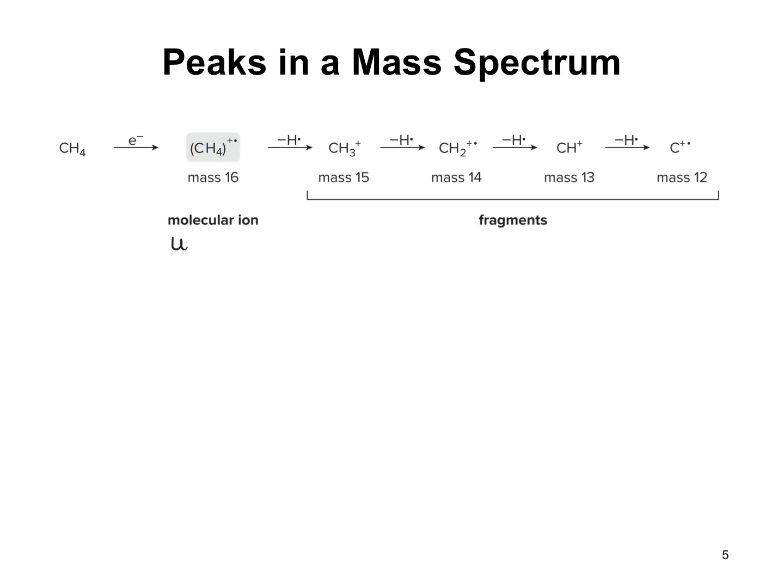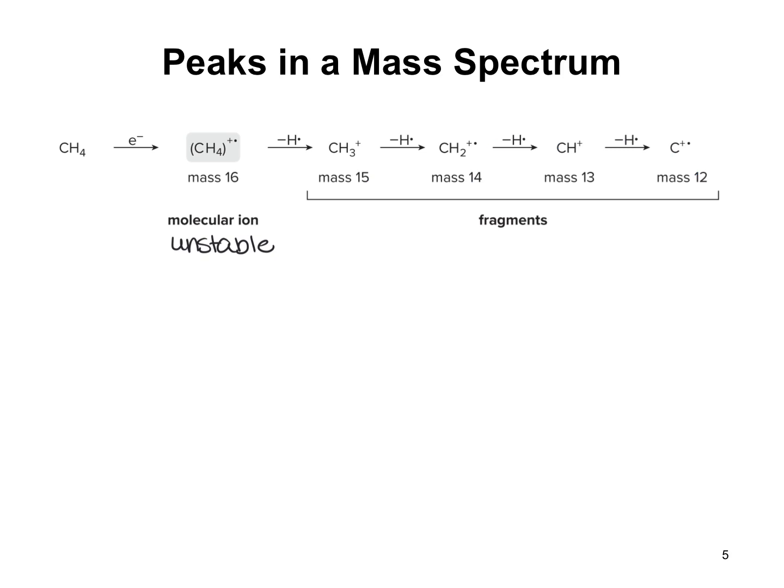This is a really unstable ion, and what it will do is fragment into other cations and radical cations containing 1, 2, 3, or 4 fewer hydrogen atoms than methane.